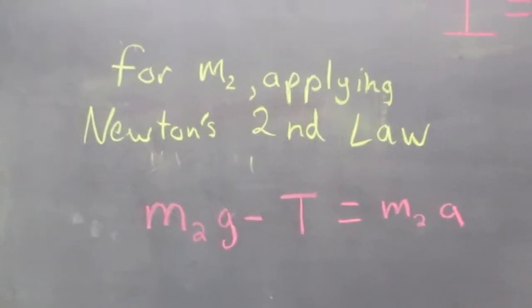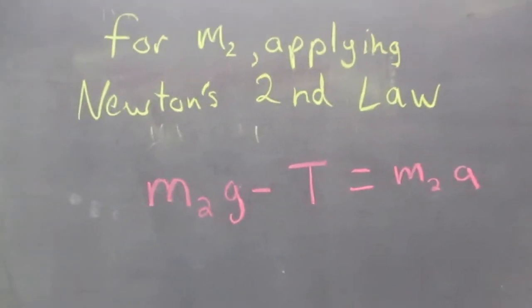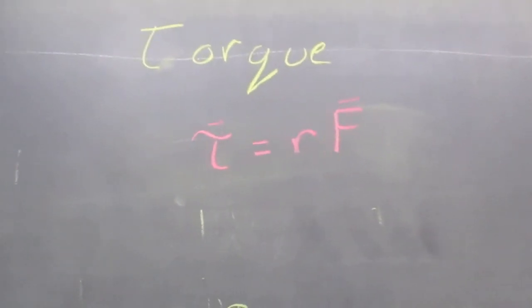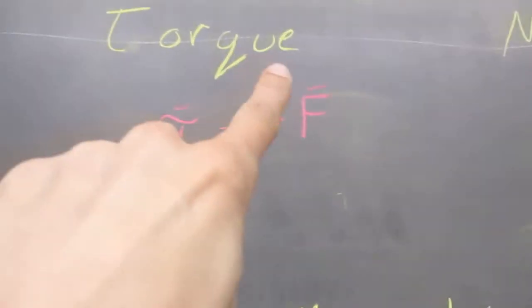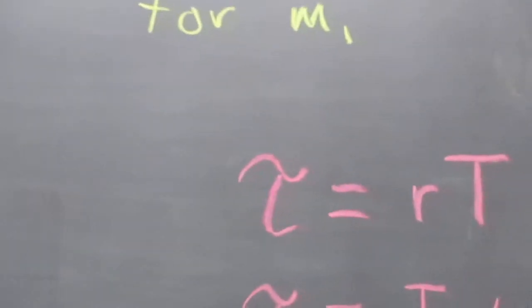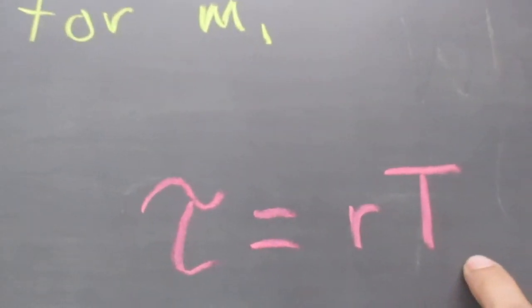Okay, so our goal is to solve for a, but we don't know what tension is yet. So we're going to use the definition of torque, which we looked at up here. The force here is going to be provided by the tension in the string. So we can rewrite that as torque equals the radius times the tension in the string.